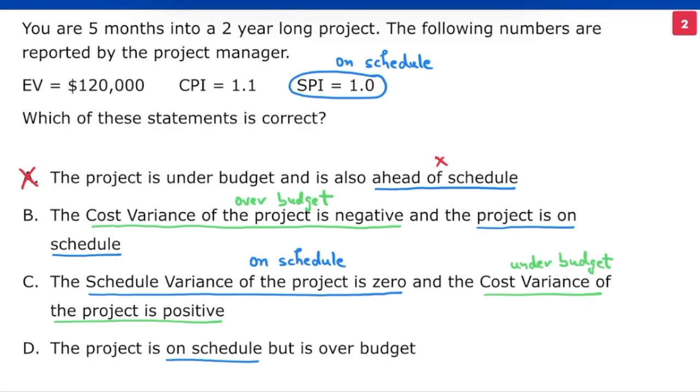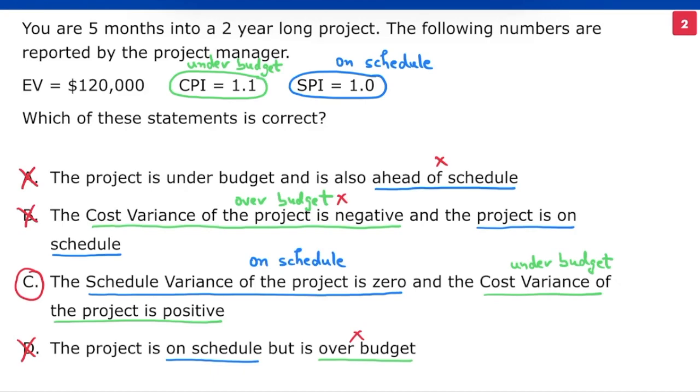Option D says project is over budget. The CPI for the project is 1.1. It is more than 1. The project is under budget. Clearly, option B and option D are incorrect. Option C is our choice.